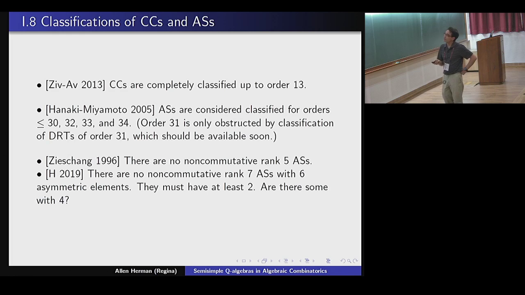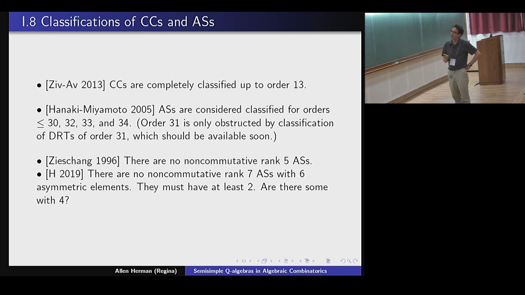For association schemes, there are some results, some character table constructions that get in the way. So non-commutative rank 5 association schemes don't exist because of some integrality considerations of the character table. Rank 5 table algebras, however, do.